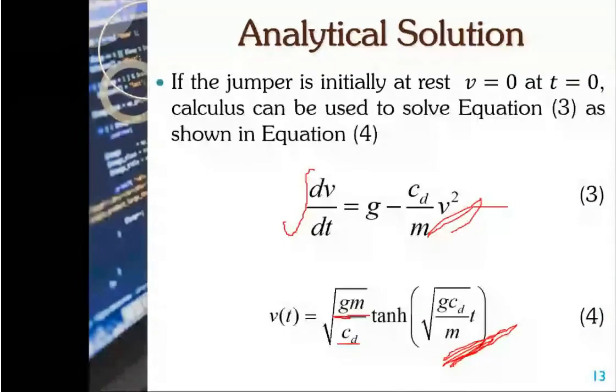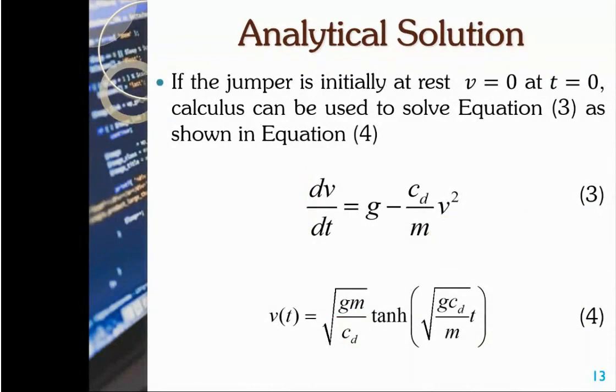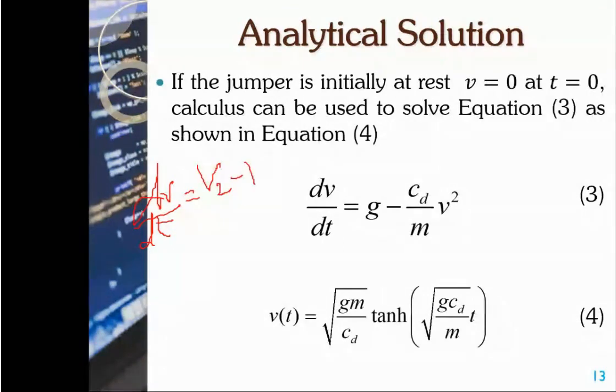Remember our equation that we had here, that is the dv/dt. If we are to relate this same thing to how to estimate the gradient of any given curve, our dv/dt will be equal to v2 minus v1 all over t2 minus t1.